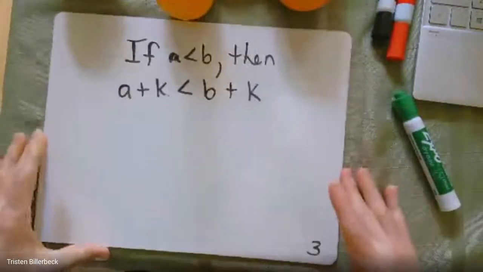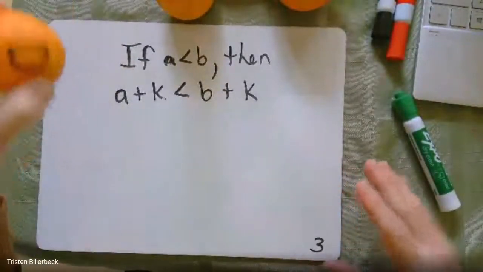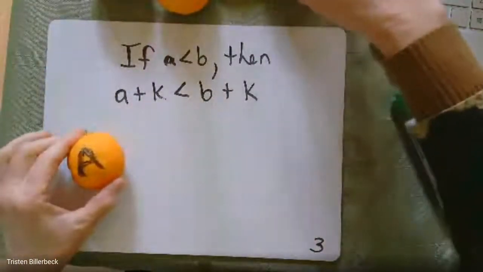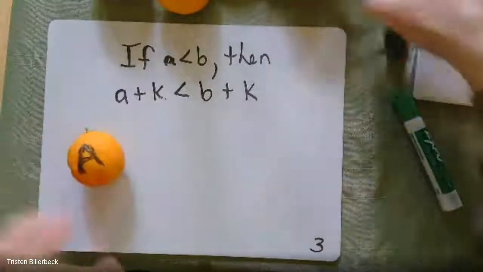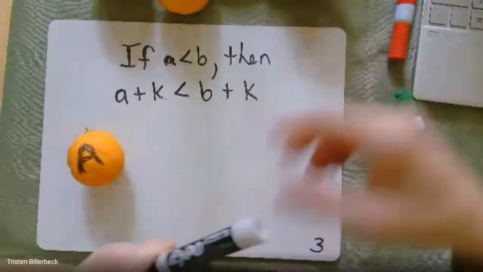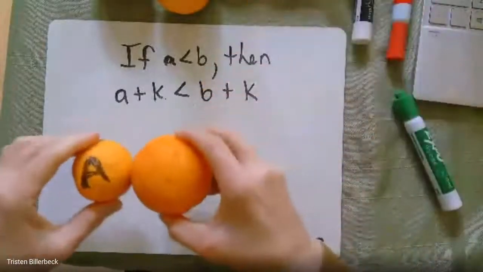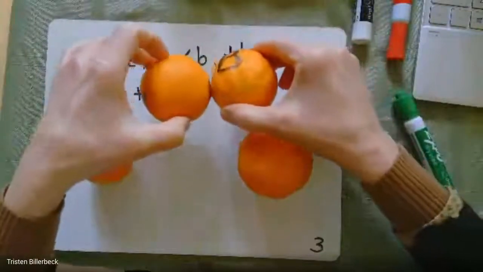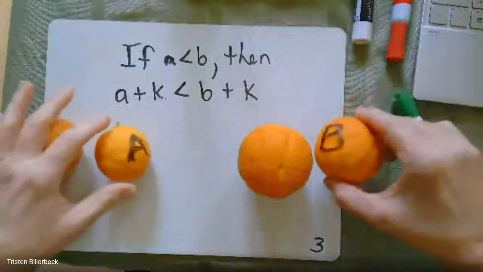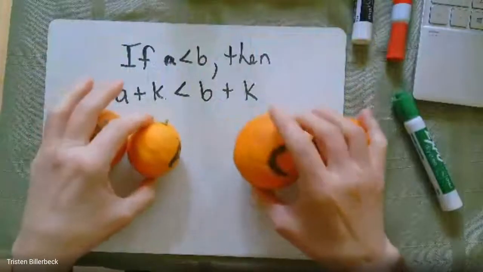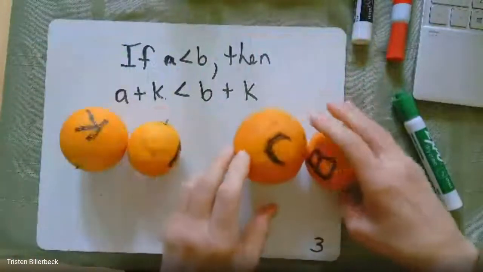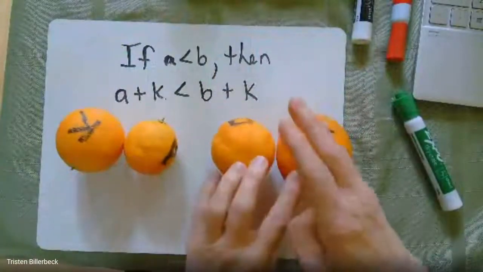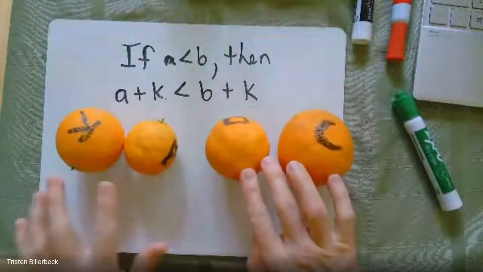All right. So if we have A is less than B, and then we know these two are equal. If we add this and this side, this side is still less than this side, okay?